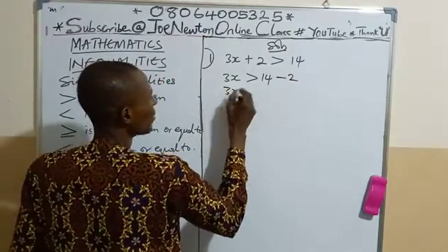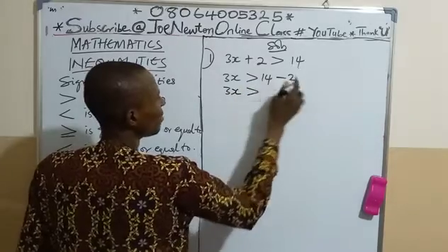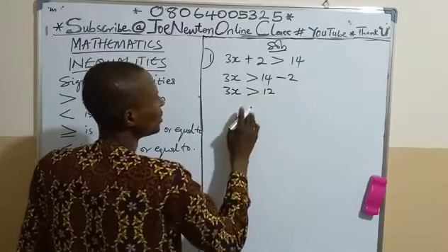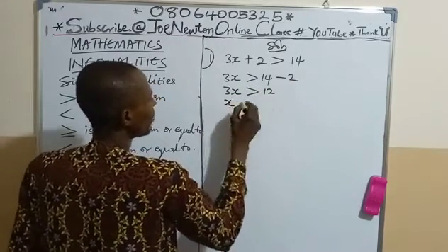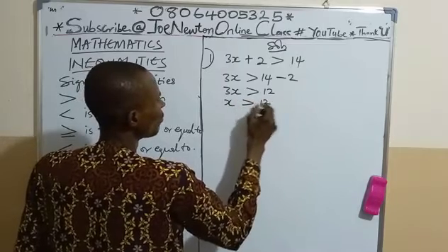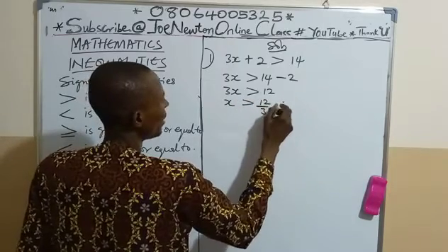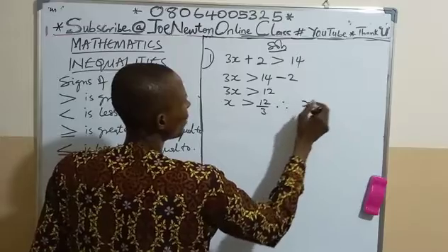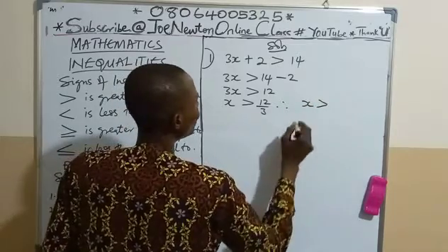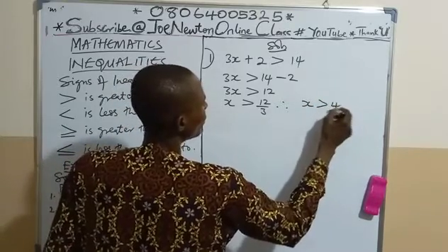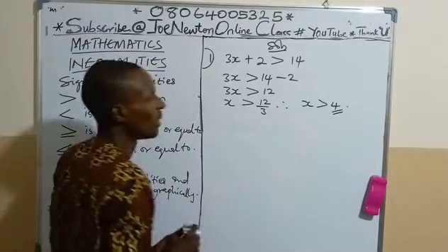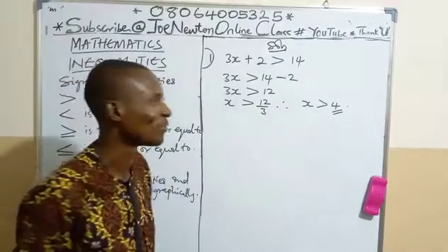So 3x is greater than 14 minus 2, which is 12. In this case, we have that x is greater than 12 over 3. Therefore, x is greater than 4. That's our answer.